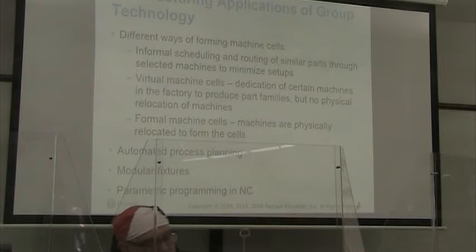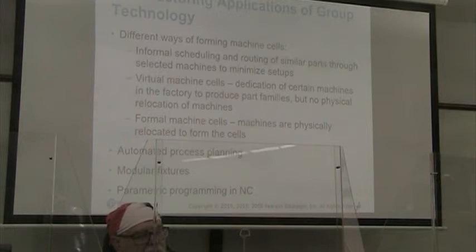All right, so when we have these applications of group technology, one thing is we have different ways of forming our machine cells. One is we have informal scheduling and routing of similar parts through the machines that minimizes the number of settings.